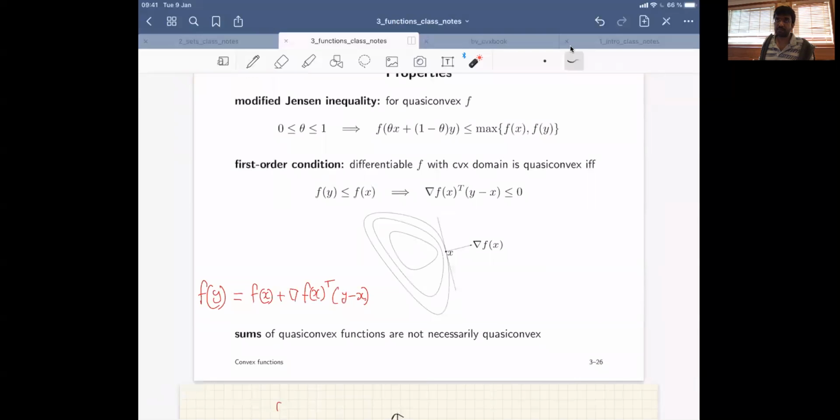Another useful concept is the first order condition. So let's see what it is. We have a differentiable function here with convex domain, and it is quasi-convex if and only if f of y... So let's say this is a level set of the function. It's like the contour.